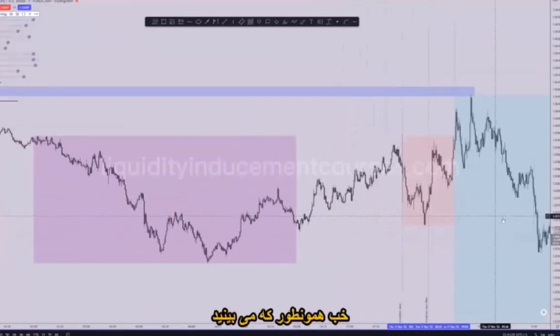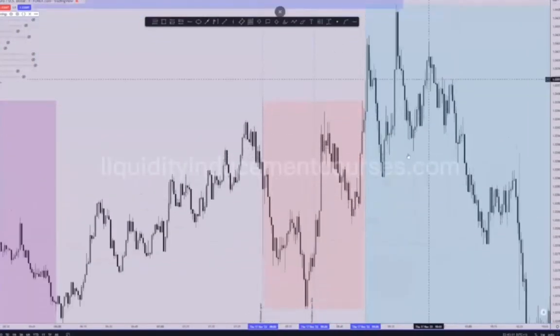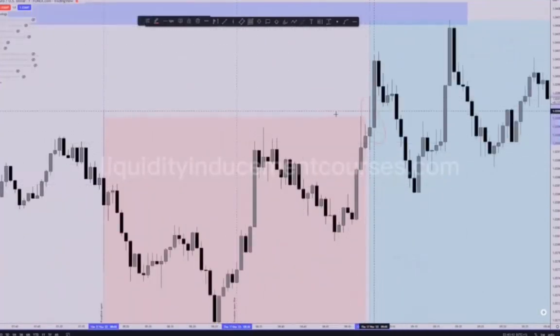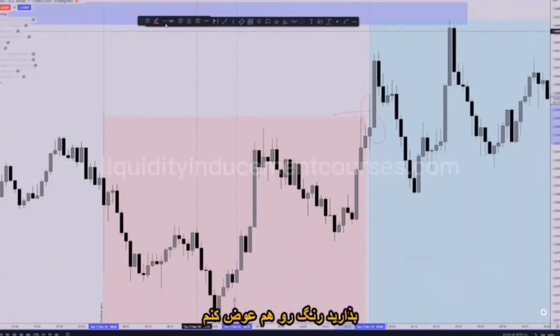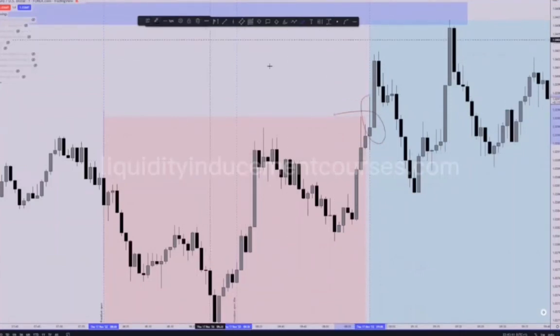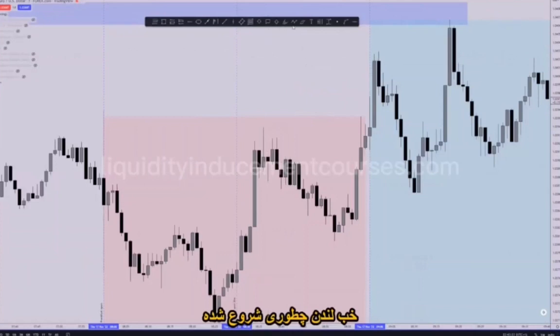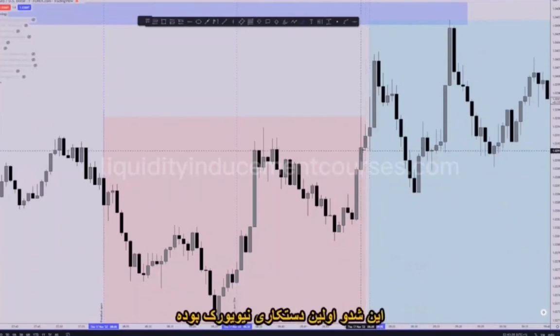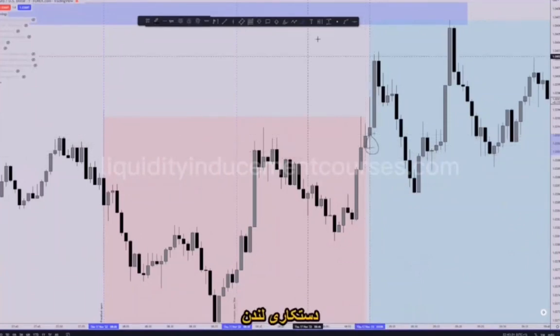Okay, so as you can see, this was the first minute of London session, right? This candle right here. Let me change my colors as well. And yeah, so how did the London start? It started with taking out liquidity right here, taking out this wick. This was the first London manipulation.